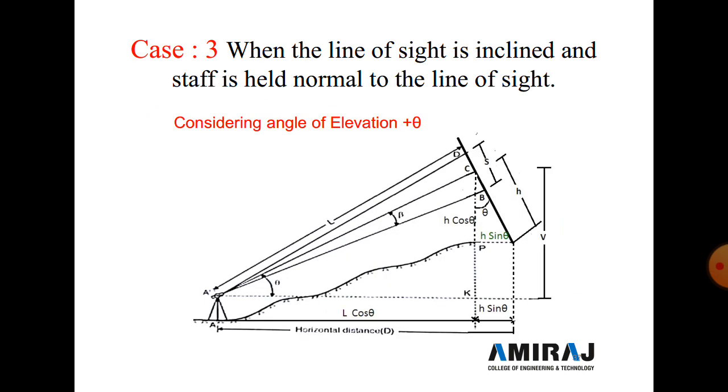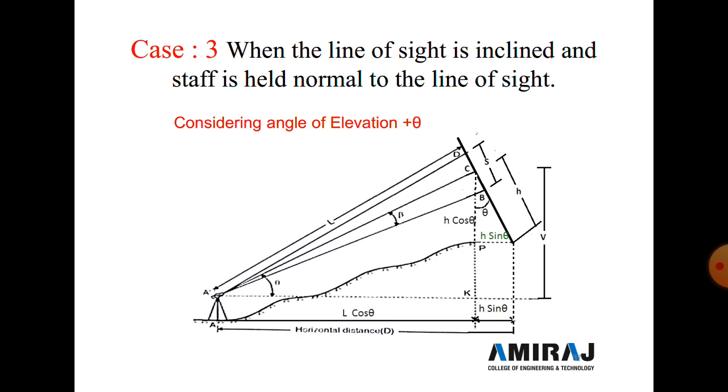Now we start a new case number 3, when the line of sight is inclined and the staff is held normal to the line of sight. Normal to the line of sight means the line of sight and the staff are at 90 degrees to each other.